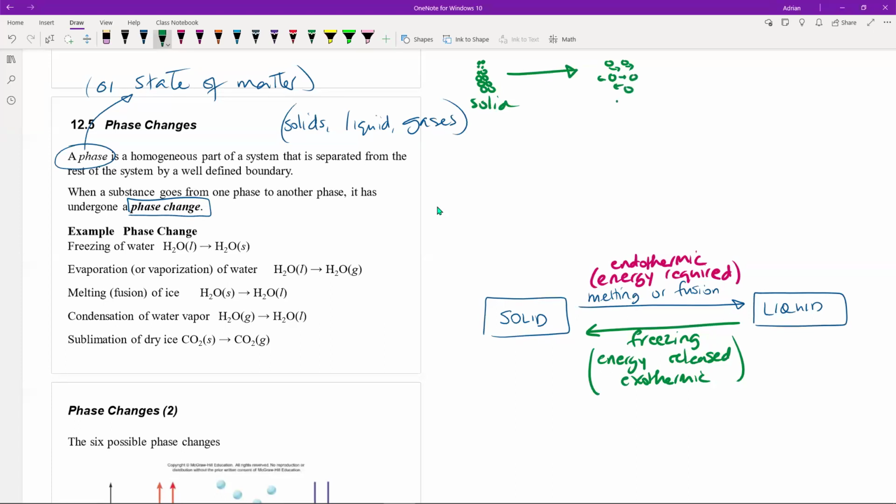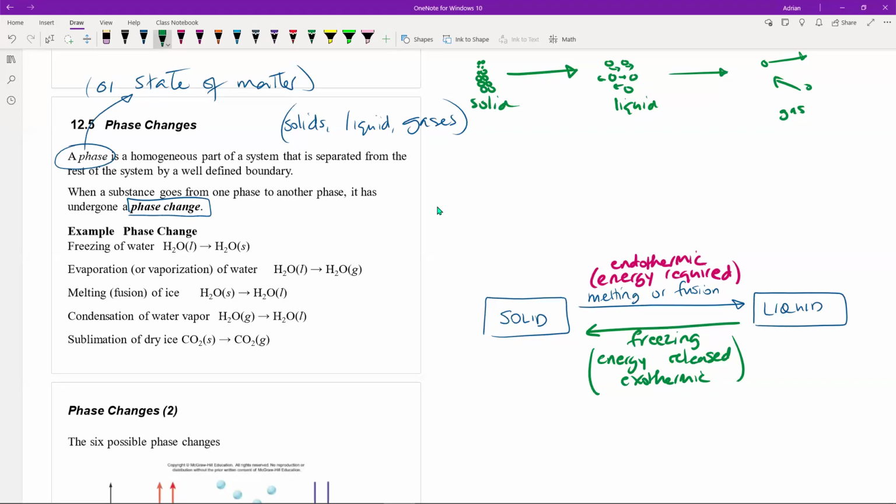And then we go to a gas, and then the particles are way more spread out and they're zipping around with a great deal more energy. Right, so you can imagine now going from a liquid to a solid, these particles have to lose that energy as they slow down to become a solid where the particles are locked in place. So solid to liquid, melting or fusion, endothermic, liquid to a solid is freezing, that's exothermic.